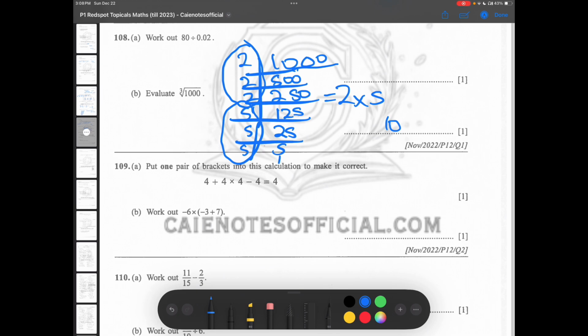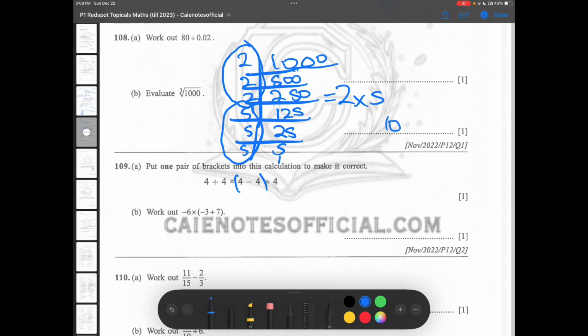But if I am solving this question, I can see that if I place a bracket over here, 4 minus 4 is 0. Then according to BODMAS, we are going to do the multiplication first. 4 multiplied by 0 will be 0, and 4 plus 0 is 4. So this is the right answer. Just do trial and error in these kind of questions.